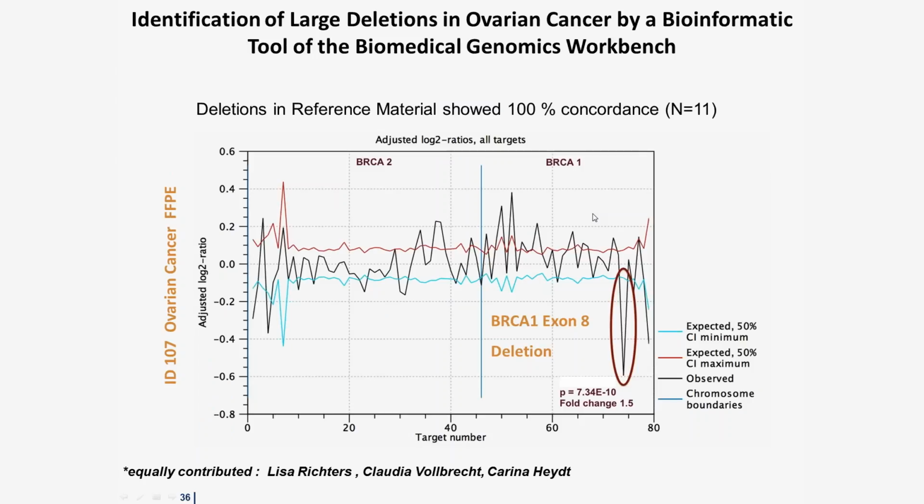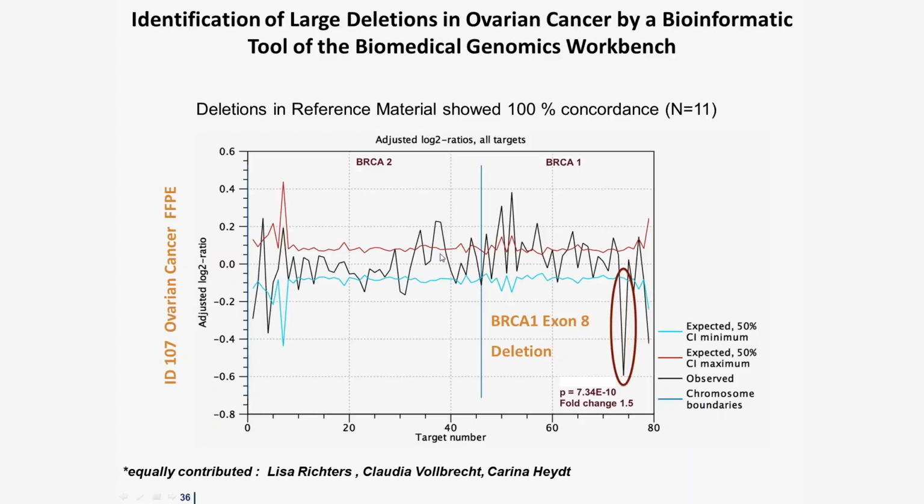And here you see one example. Here in the x-axis you see the different amplicons of the BRCA2 gene or the BRCA1 gene, and also the signal height of the sample. And here the confidence interval is also shown.